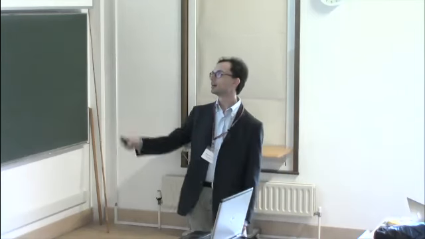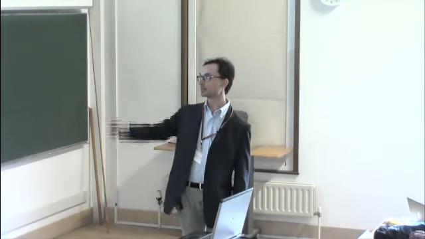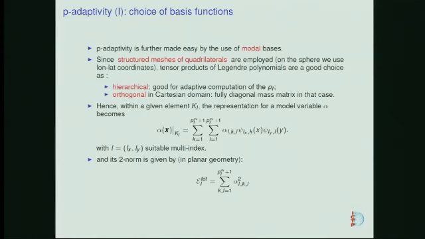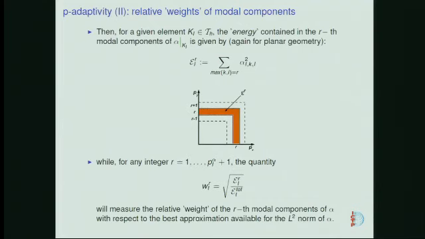If you expand a variable over the basis functions, you can compute its L2 norm in this way. This is nothing but the Parseval identity. And in the same way, you can define the contribution to the L2 norm of a function coming from a specified modal component.